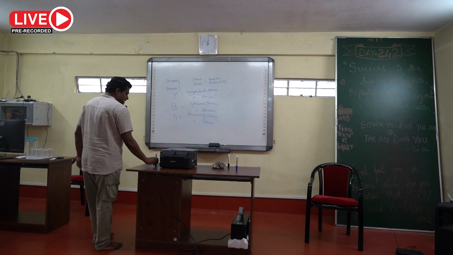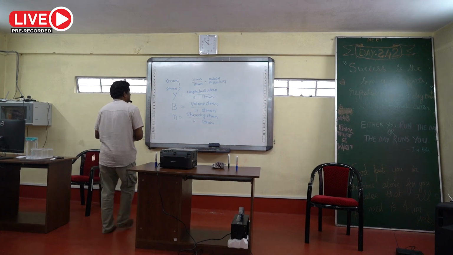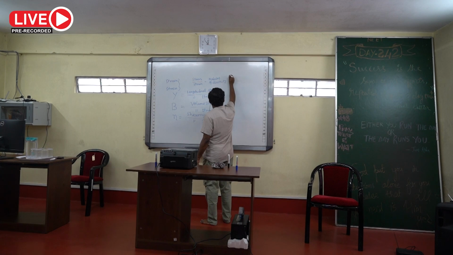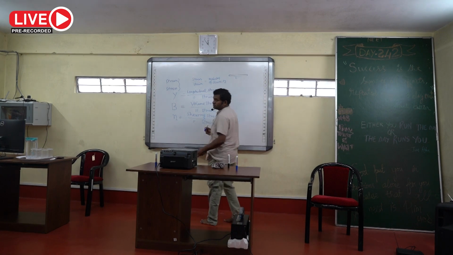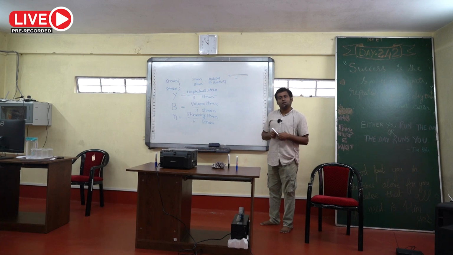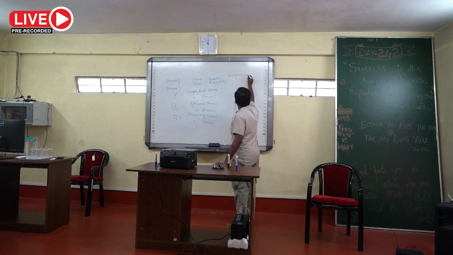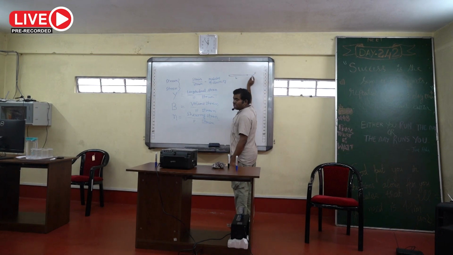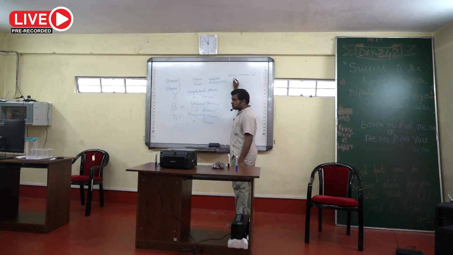Now, if I consider a very long wire of length L, and you are applying a force along its length, and due to this force an elastic force will generate to counter this one.